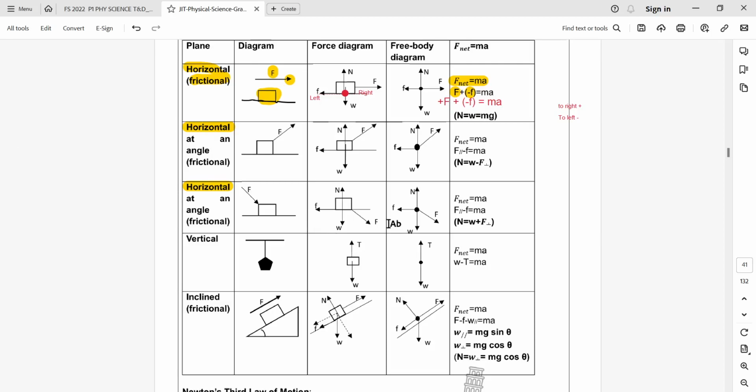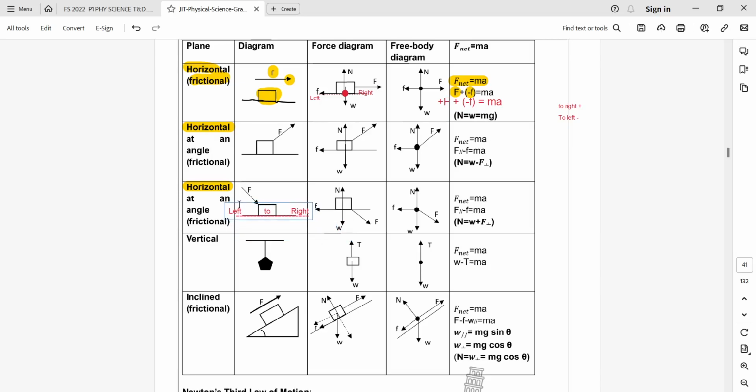I will just say, on my object, okay, this is my object, this is my free body diagram. Before you see the object here, the object is drawn, and then the parallel line. This is the horizontal line, which means the object will move from left to right. Yes, the object will move from left to right.